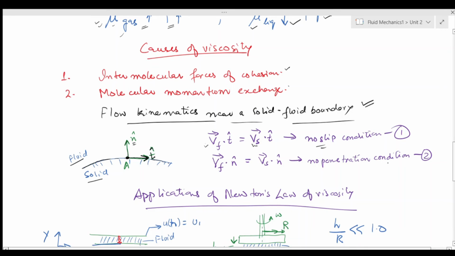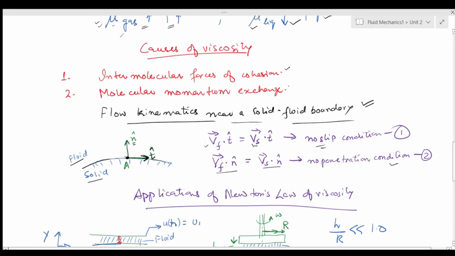The second condition is known as the no penetration condition. For most cases where the solid surface does not have any pores or holes, this no penetration condition holds, and what it means is that the velocity of fluid perpendicular to the surface is the same as the velocity of the solid.